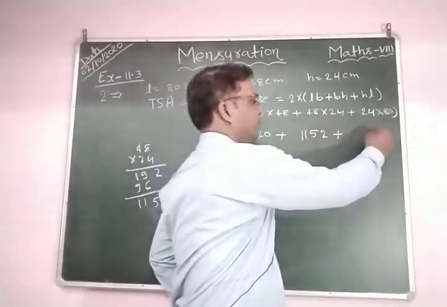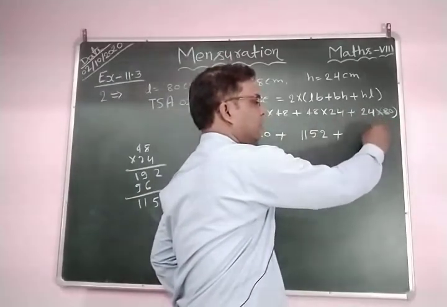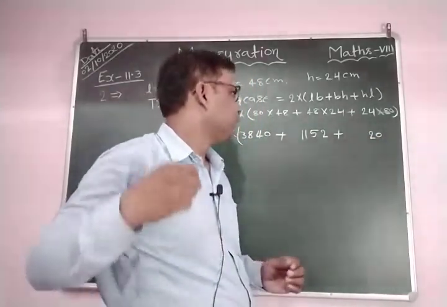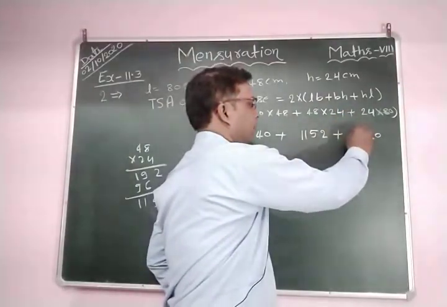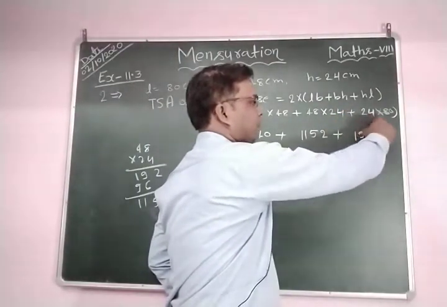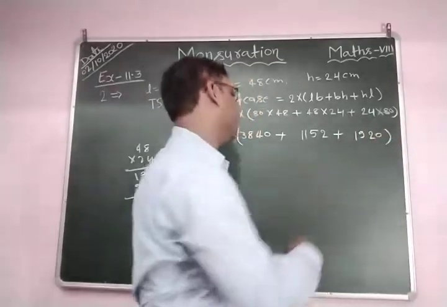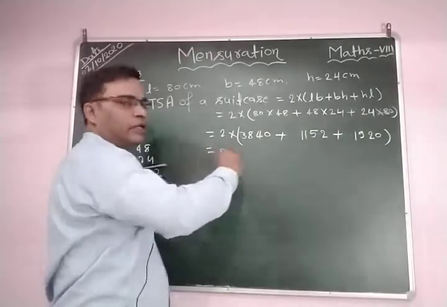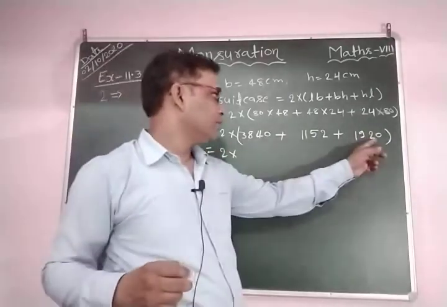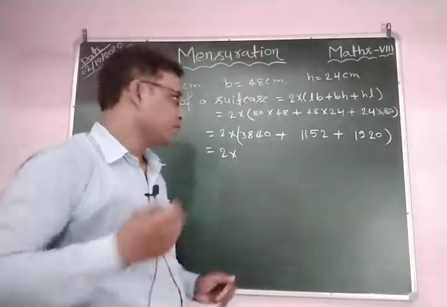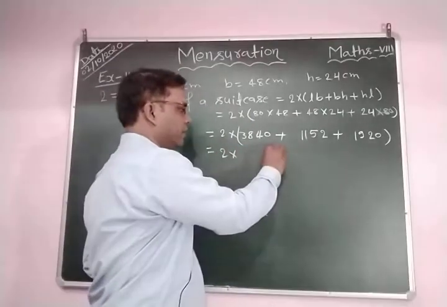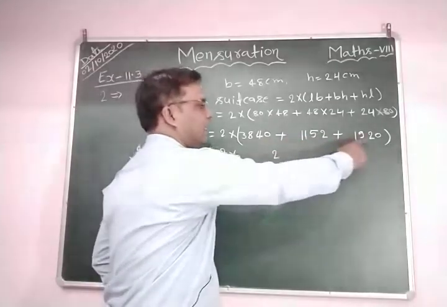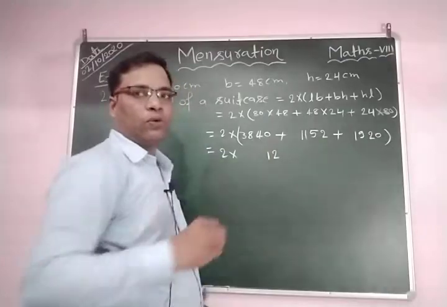So first we write here 0. After this 8 4s are 32, carry 3, 8 2s are 16, 16 plus 3 is 19. So this is equal to 24 into 80. This is centimeter square. Okay, again sum them. Okay, so here 0 plus 2 plus 0, this is equal to 2. Clear? Now 4 plus 5 is 9, 9 plus 2 is 11, carry 1.